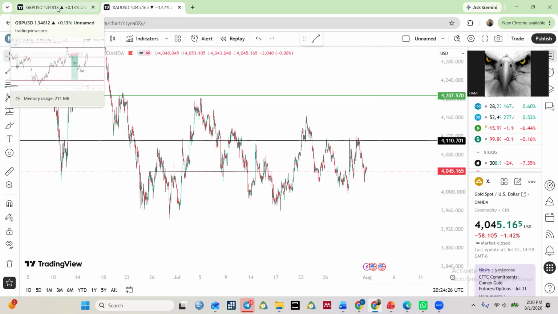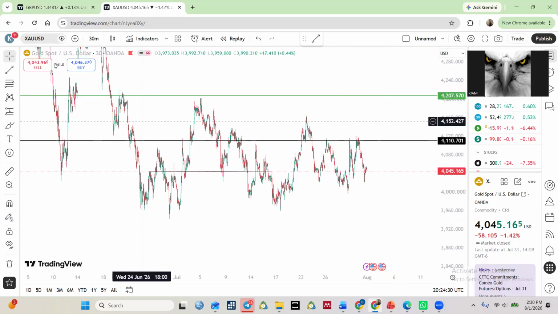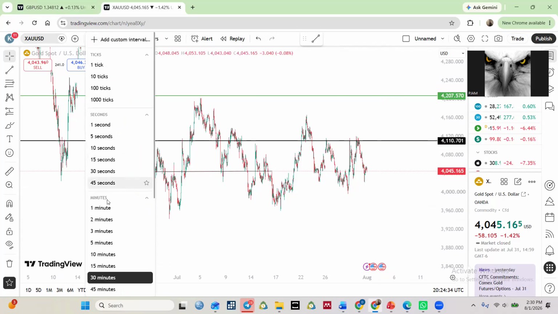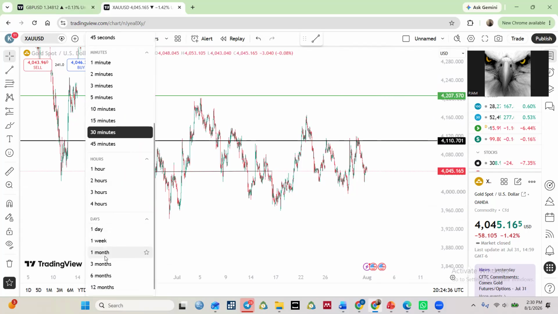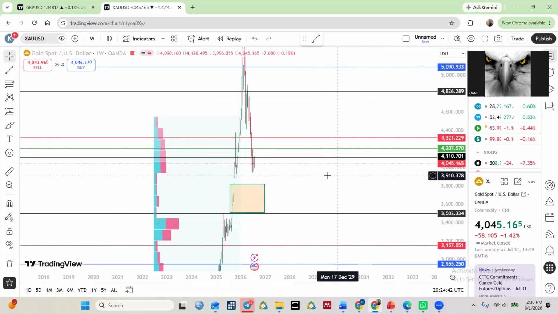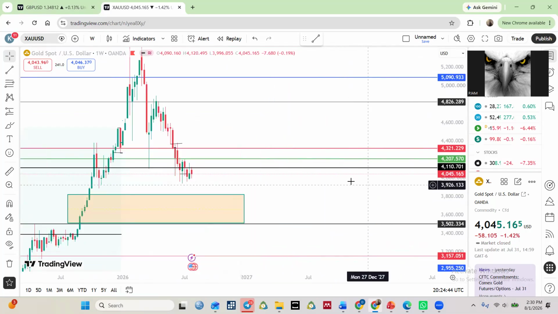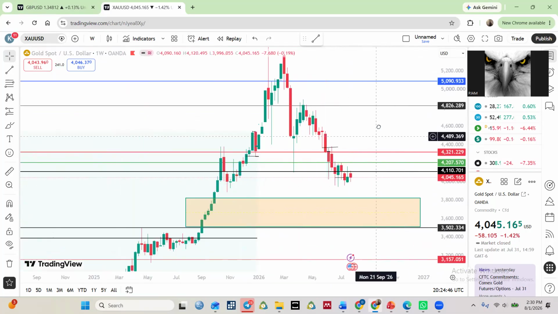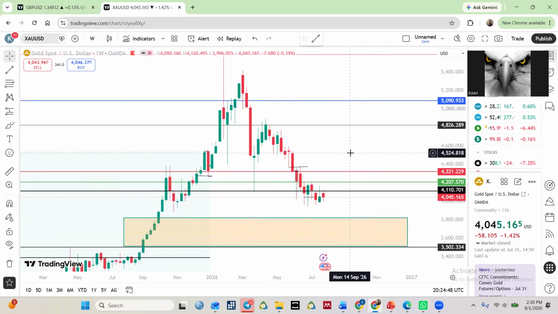Or maybe you might want to see the 4 hour, but let's go to gold and straight to the weekly time frame. If we are not seeing what I'm explaining clearly, we will move to daily or 4 hour to see if we can have that clearly.